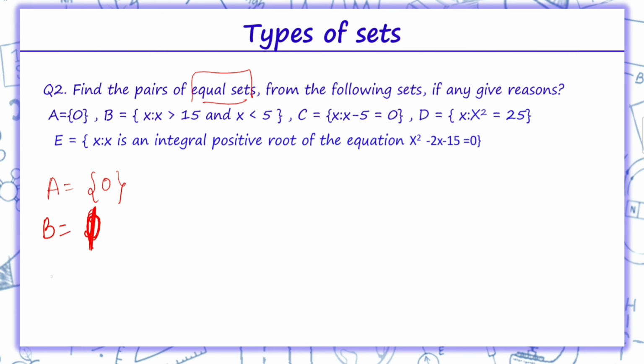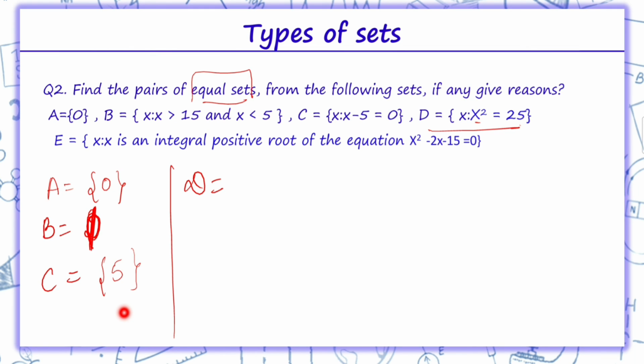Coming on to next, C. C is x such that x minus 5 is 0. So yes, over here when we solve it, we'll get 5. So C belongs to what? 5. Now D is what? x such that x square is 25.